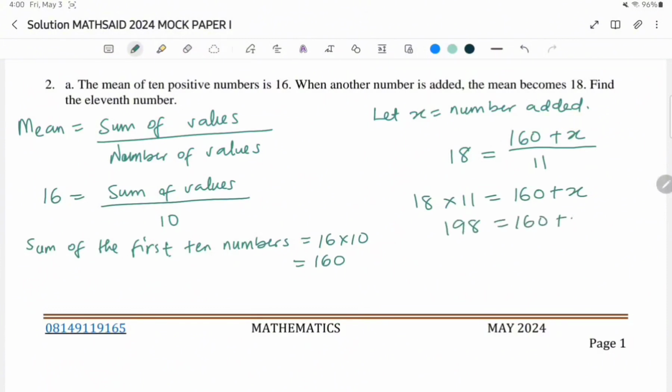So 198 equals 160 plus x. And to find x, 198 minus 160, that means 38 equals x. The value of x is 38. So that means the 11th number is 38.